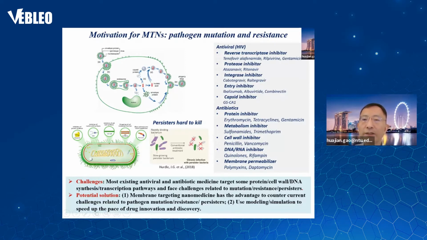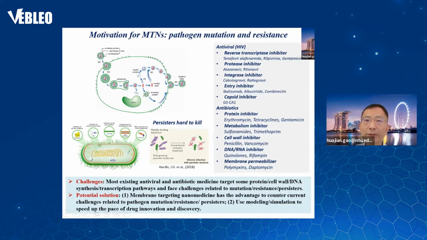Therefore, they face challenges related to mutation and resistant persisters. Viruses mutate very quickly, just like COVID-19, which after it emerged at the end of last year or the beginning of this year has mutated tens of times. And bacteria also develop resistance.